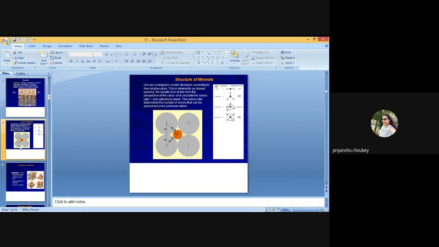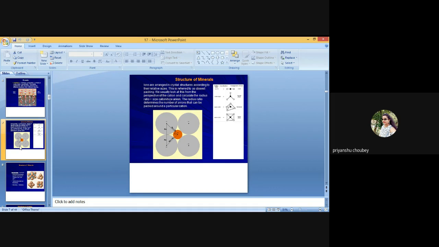It is chosen in such a way that it should cut all three crystallographic axes, the intercepts being A, B, and C on the X, Y, and Z axis.